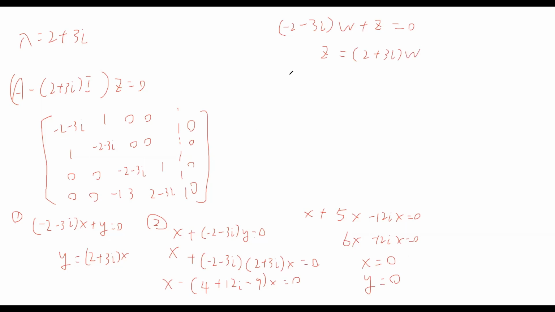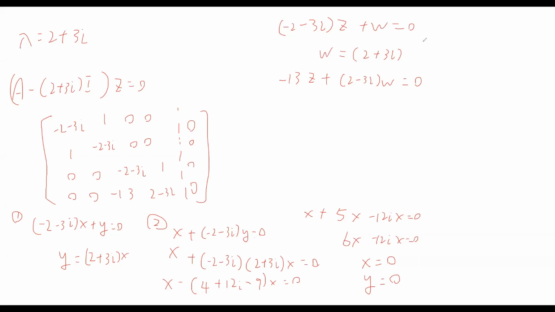All right, so we have -13z plus 2 minus 3i w is equal to 0. Sorry, there's a mistake. I have to switch those variables again. All right, so that should be a z, that should be a w.